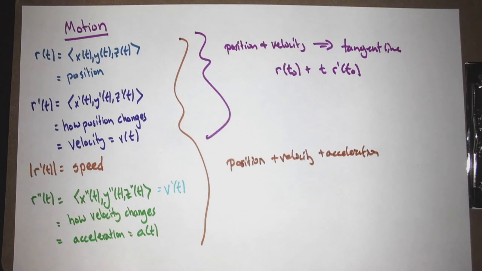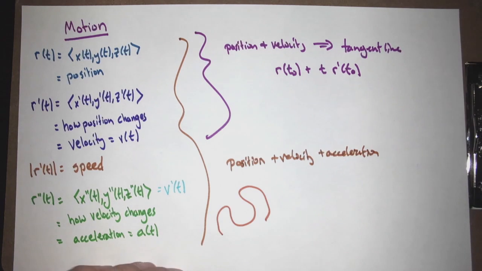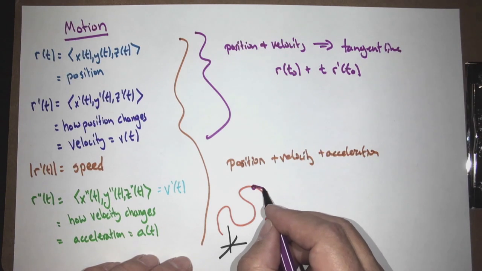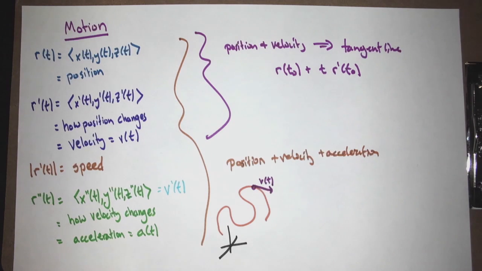So let me try to explain it. Imagine that you have a curve. So here's a curve traveling through three-dimensional space. If we have this curve, we can talk about its position, that's the point. We can talk about our velocity, which would be in the direction of motion, and then we have acceleration.